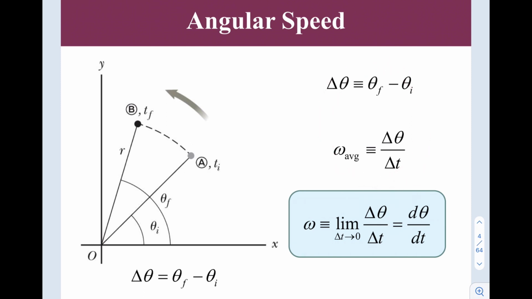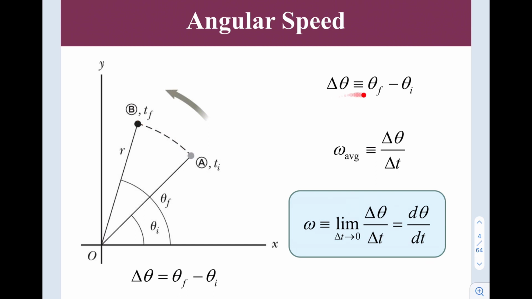Right, so how can we visualize this? Let's say our object is placed at point A at t initial. At t initial, the object is at point A, which has theta initial from our reference line, which is the x-axis here. Then the object is moved to point B, circular or angular.